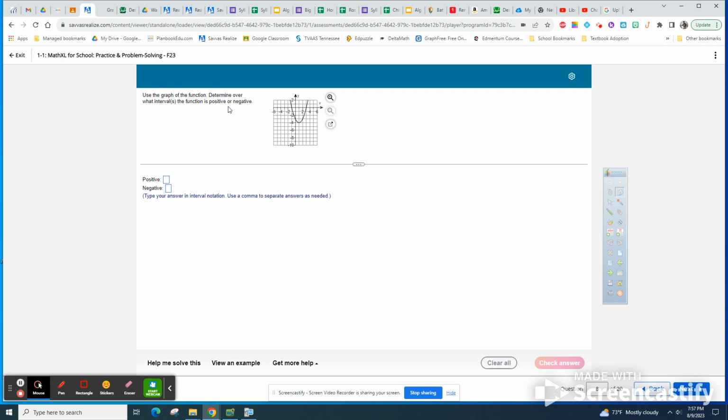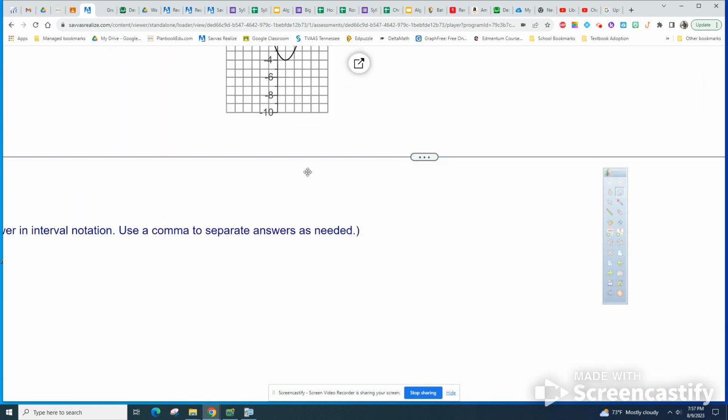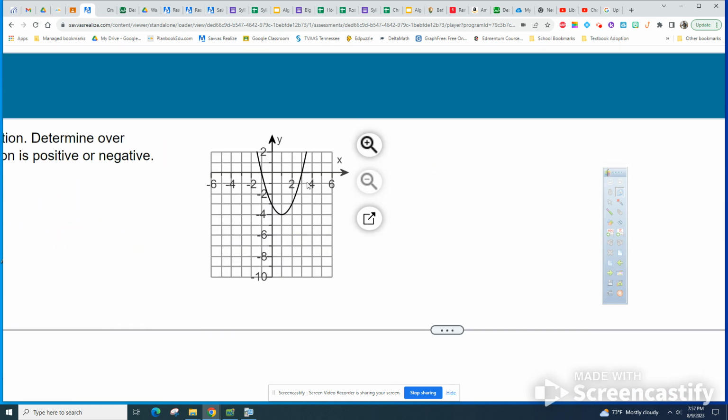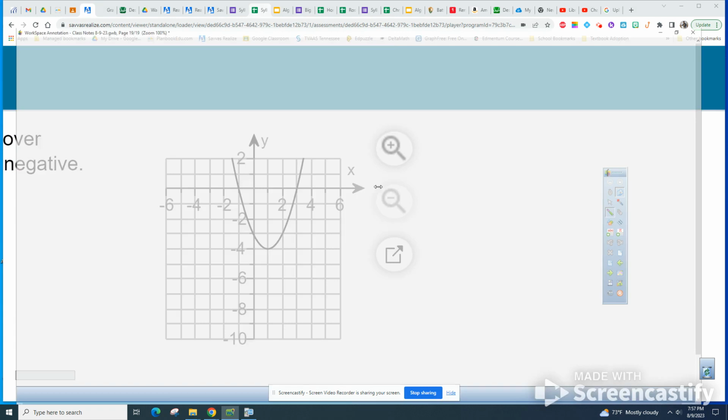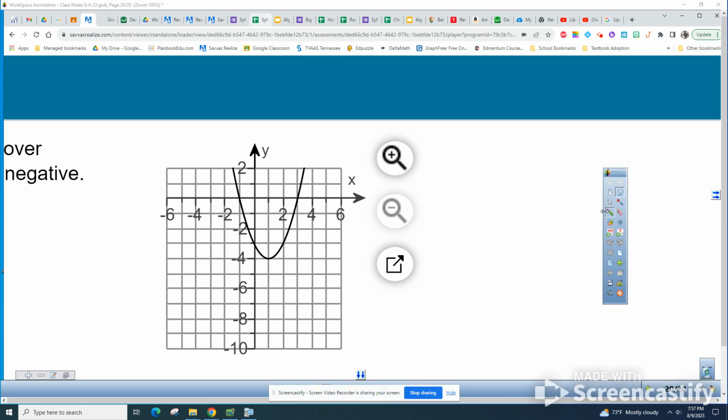All right, we're going to use the graph to determine the intervals for positive and negative. So probably need to make this a little bigger. Right there and right here, that looks like positive to me.